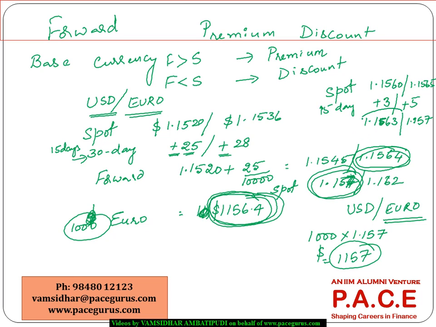Now if at all I had to sell it off on this day itself, I would have been able to sell the 1000 euros at 1.1563.